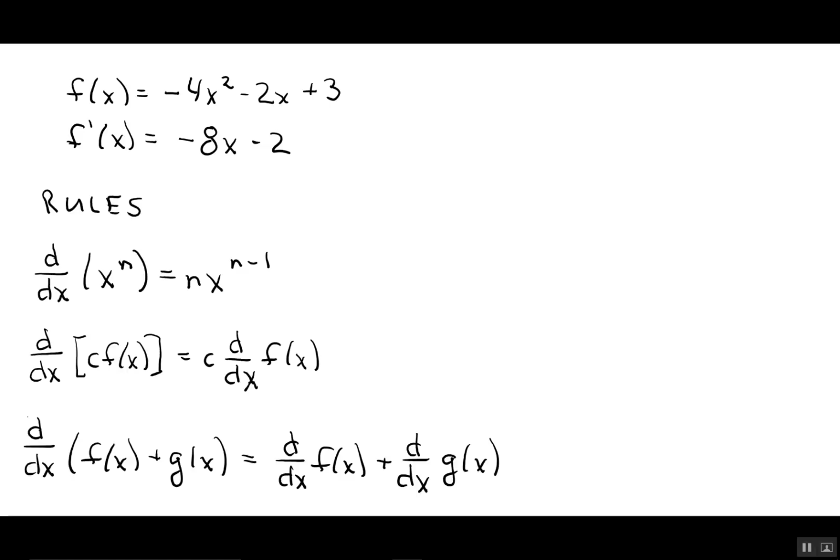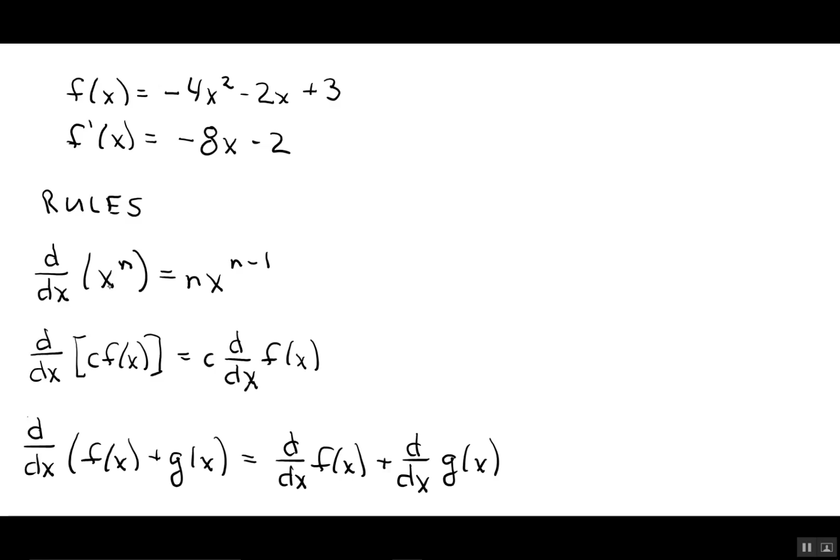So if we look at polynomials in general as a class of functions, and we could do a bunch of different examples, what we would see is a bunch of rules emerge for how you find the derivative of arbitrary polynomials. And I've summarized those rules on the slide here. The first rule is called the power rule.